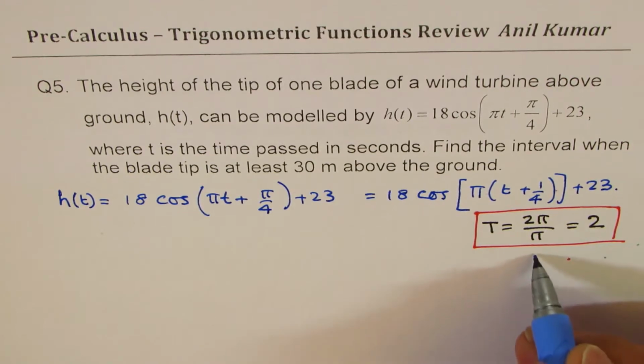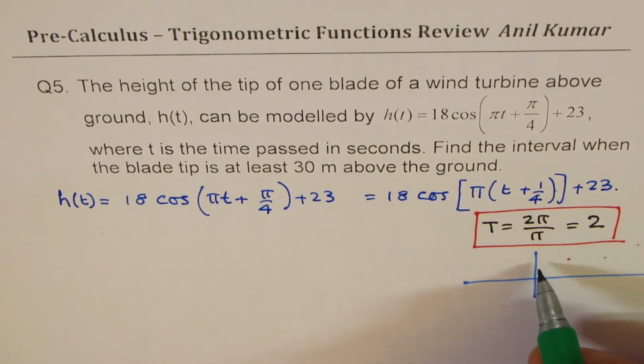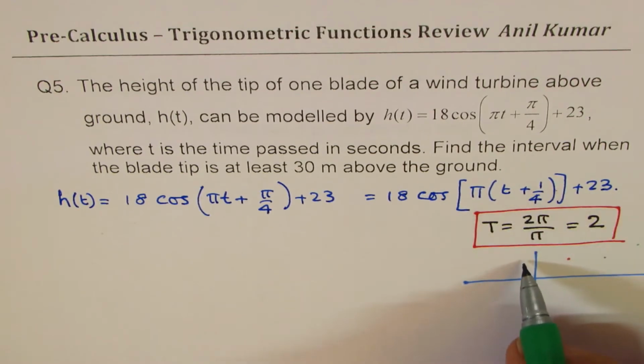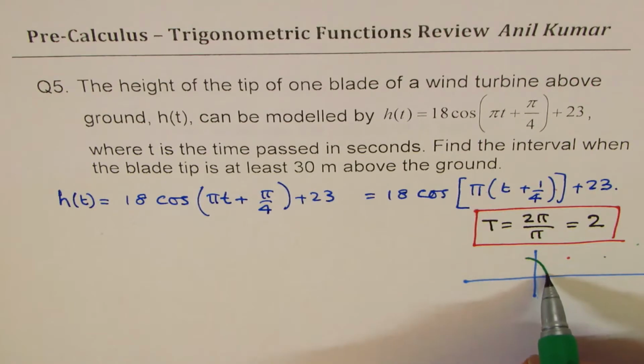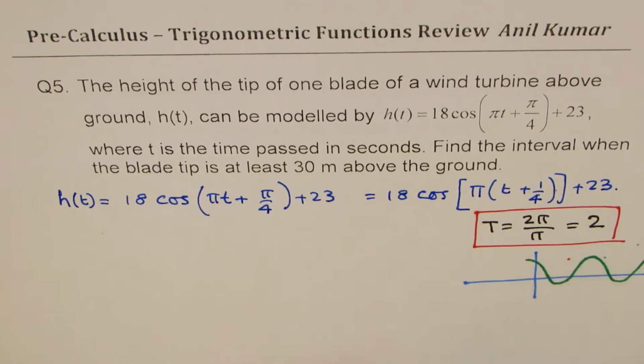So if you want to sketch this graph, let me make a sketch. The cos function starts from here, but this 1 by 4 means it starts earlier. So let me say that the peak is here, and this is how the function is.